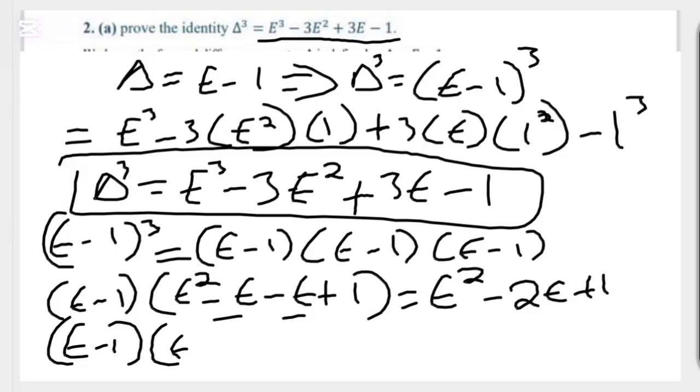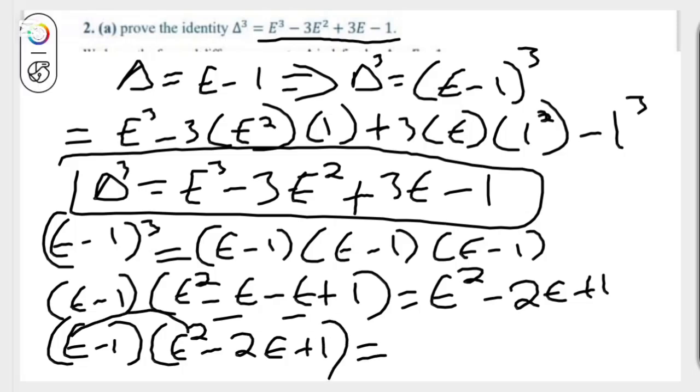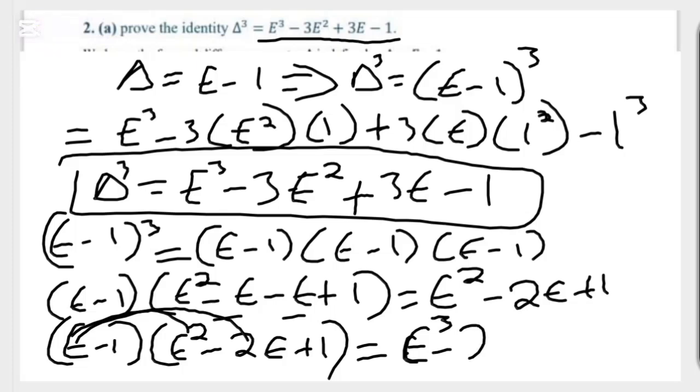I'll multiply by this E squared minus 2E plus 1. So I multiply this E by this E squared, and I'll get E cubed. This E multiplied by this negative 2E, I'll get minus 2E squared.